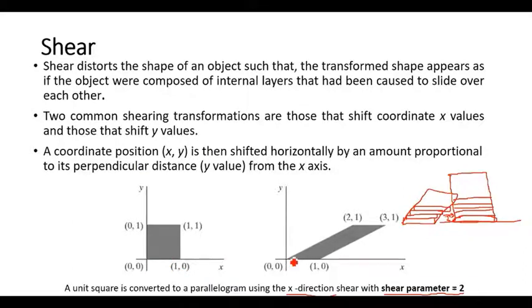The next point, let us say somewhere here, has some amount of distance here, right? Considering that distance and the shearing factor of 2, you are going to move all the points of this layer by this amount. Similarly over here, this layer is the farthest from y equal to 0.